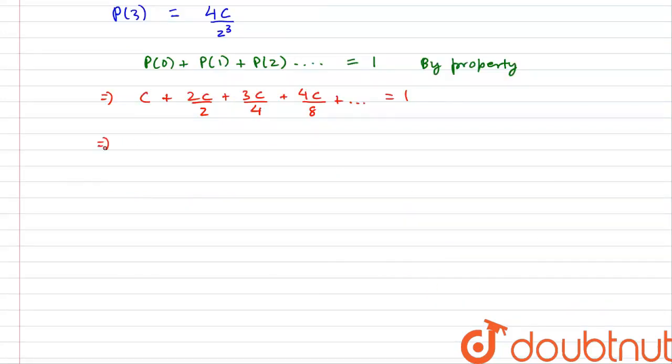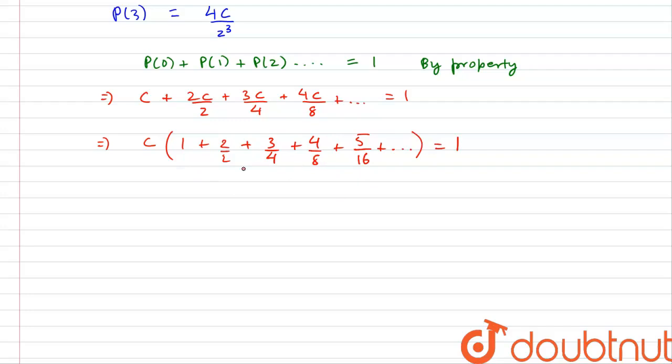So now if we take c common, we'll have c into (1 + 2/2 + 3/4 + 4/8), and the next term would be 5 by the next power of 2, that is 16, and so on. So this should be equal to 1.